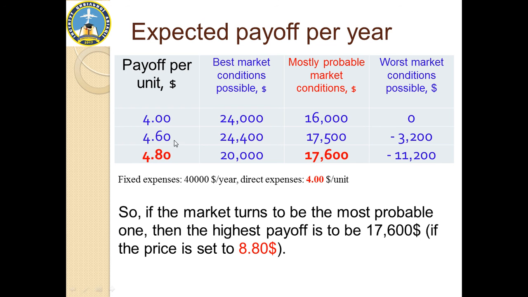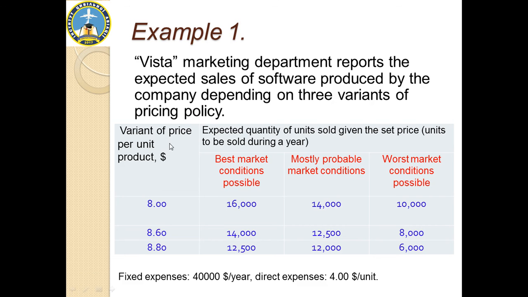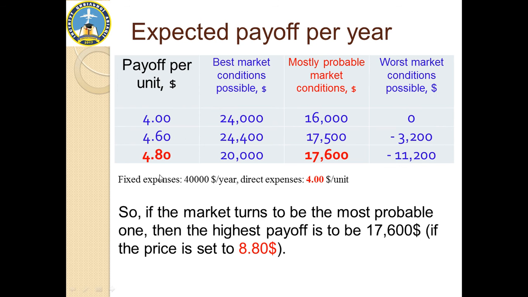So the payoff per unit will be 4.6, and the company will be losing money instead of making money if the market turns mild or very good. Or even if the company sets the price even higher or expects the payoff of $4.8 per unit and the market turns to its worst conditions, the company may lose quite a great deal of money.